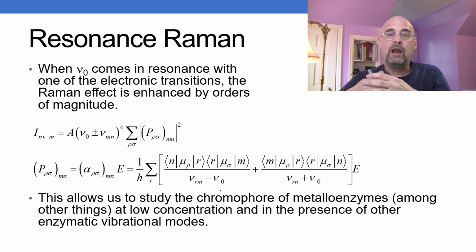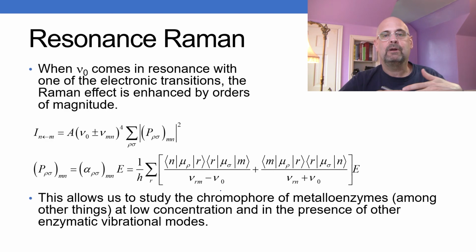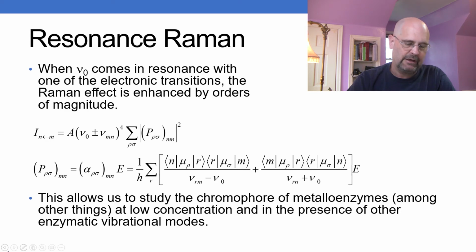And now what I can do is, at very low concentrations, 10 to the -4th, 10 to the -5th, 10 to the -6th molar, I can take that protein in a very small sample, only 10 microliters, and I can get usable Raman spectra off of those without interference from other pieces of the protein.